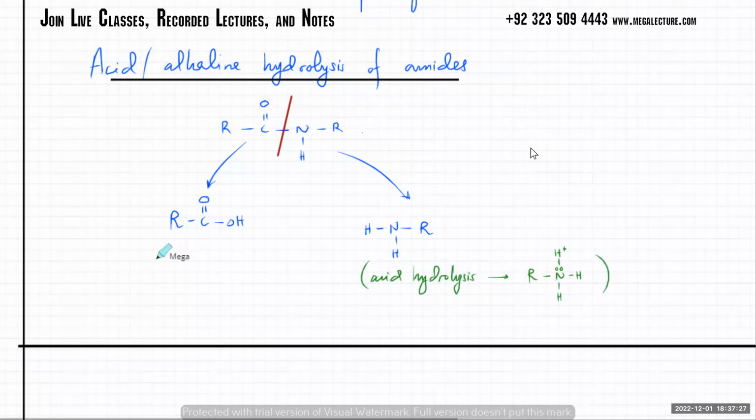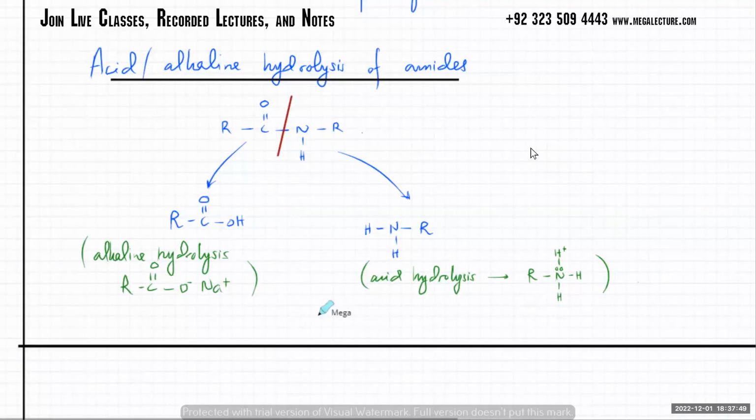If you have alkaline hydrolysis, then the carboxylic acid is the one which would end up reacting with the alkali and forming a salt. It's going to get neutralized by the alkali.